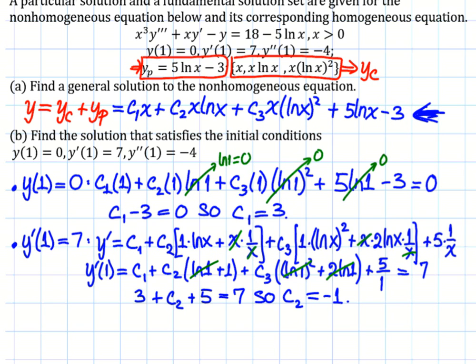And then we'll take the second derivative. In our condition, we have second derivative when x equal to 1 is equal to negative 4. So we will take the second derivative. We have the derivative of the function here, so we take the derivative of that.